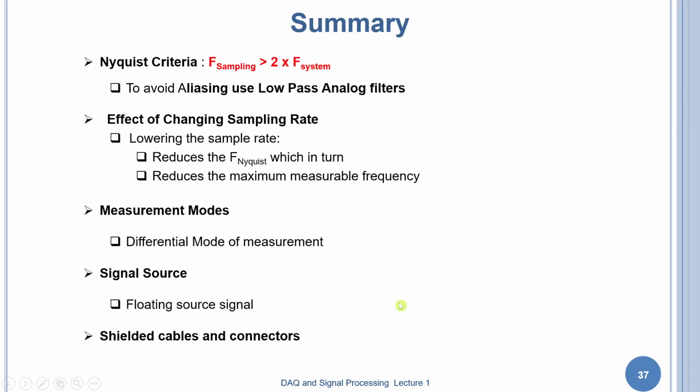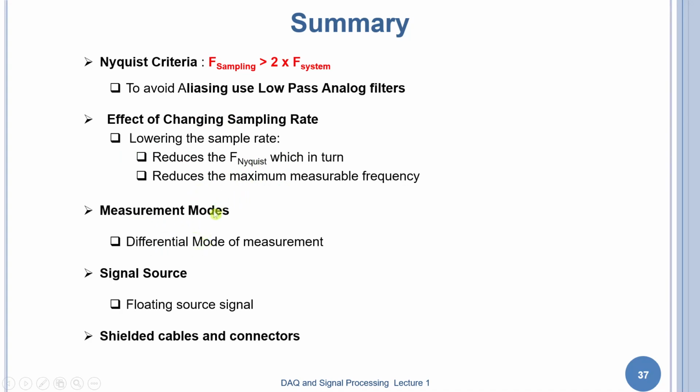So let's summarize the talk. As per Nyquist criteria, your sampling frequency should be more than twice your system frequency. To avoid aliasing, use a low pass filter. If you lower the sampling rate, you are going to get a lower Nyquist frequency, which reduces the maximum measurable frequency.